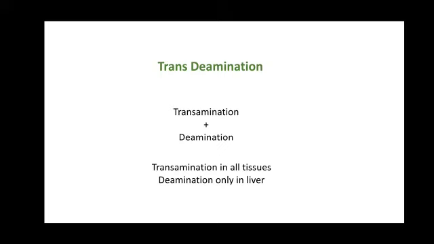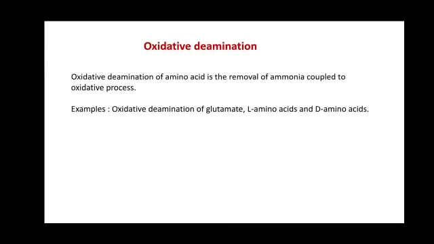When it comes to transdeamination, it includes transamination with deamination. Transamination occurs in all tissues, but deamination will occur only in the liver. Oxidative deamination of an amino acid is the removal of ammonia coupled to an oxidative process.